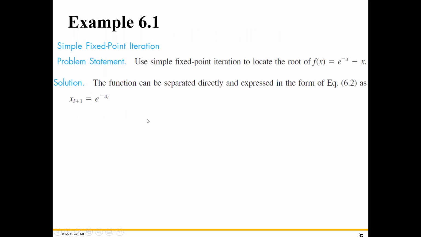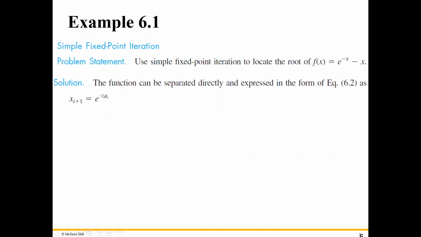Example 6.1, for the case of the function e power minus x minus x. In this case, since this minus x is in the original equation, we take x on the other side, and we can write x_(i+1) is equal to e power minus x_i.